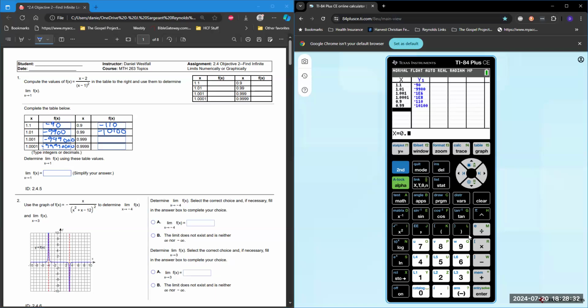Then 0.999, we get negative 100,100. And then 0.9999 is negative 1,000,100.